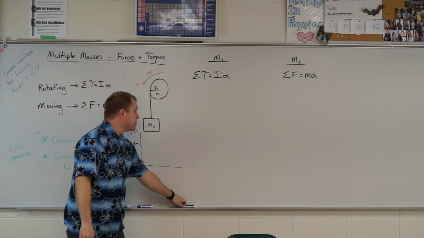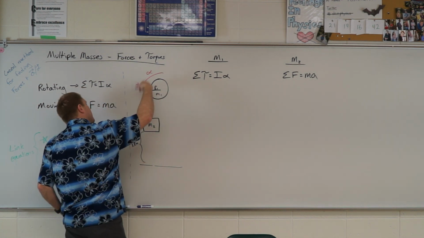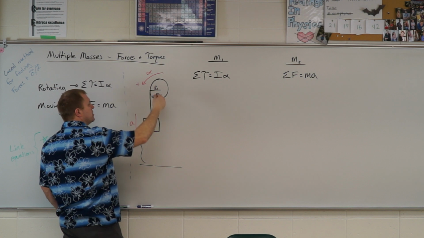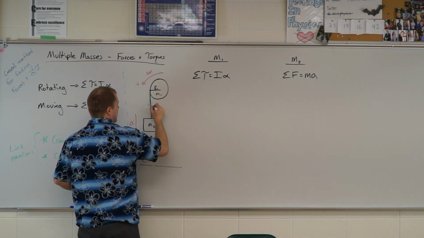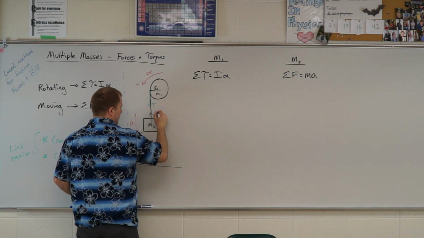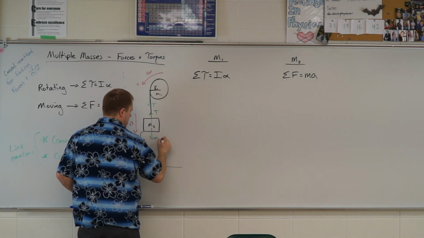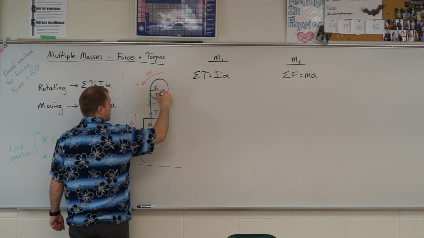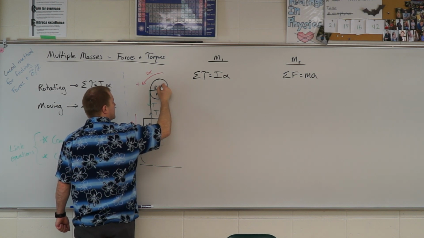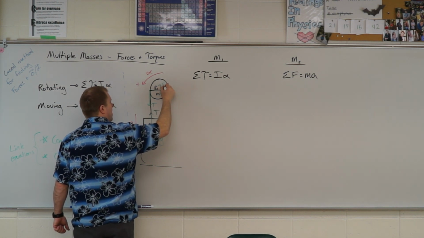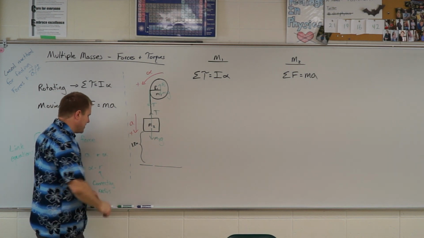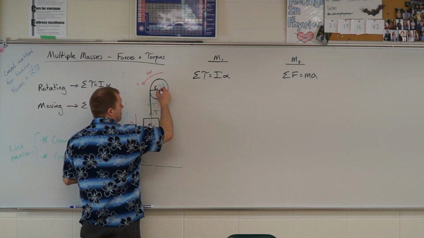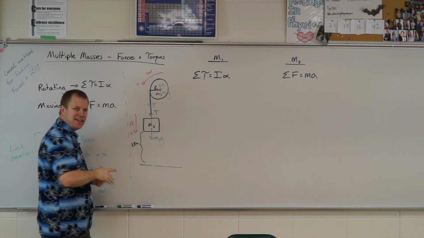Let's generate our equations. This is the positive torque direction. I see that I have tension acting on the disk. The block down here also has tension and M2g. The disk also has an M1g and some supporting force, Fy, but because those act at the axis of rotation, M1g and Fy don't produce any torques.